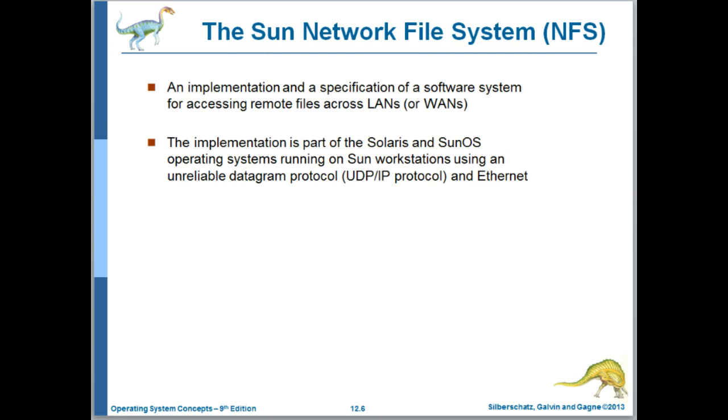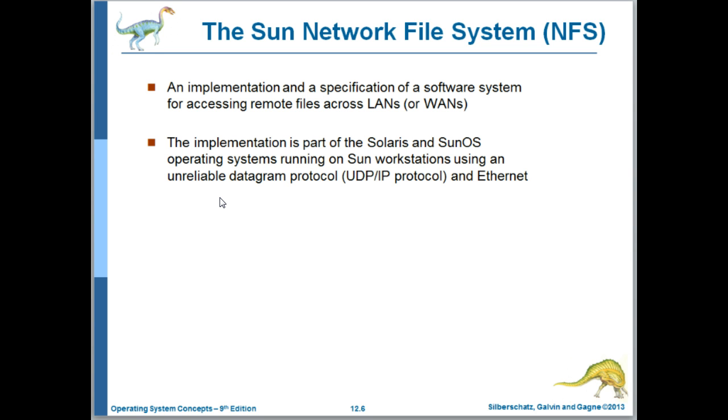So NFS was created by Sun, but it is used extensively in Linux and in most, if not all, of the various flavors of Unix. I'll just point out here that even though this is being advertised as an unreliable protocol, typically UDP is only used on LANs where one doesn't have to worry about packets being dropped or duplicated.